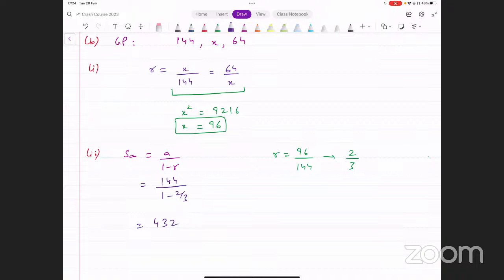Any quick questions on this? So sum to infinity turns out to be 432. If there are no questions, let's move on to another problem.